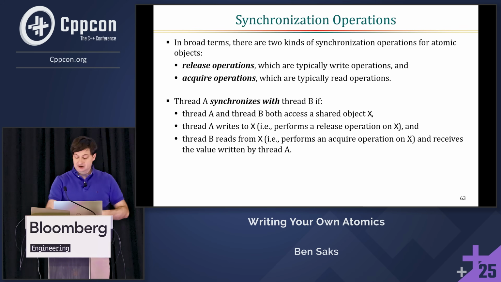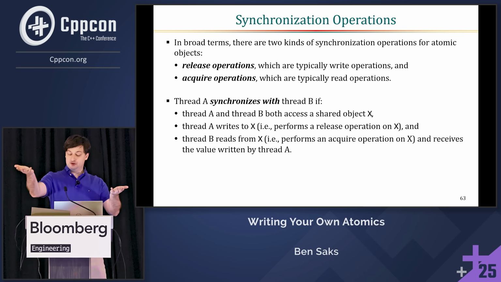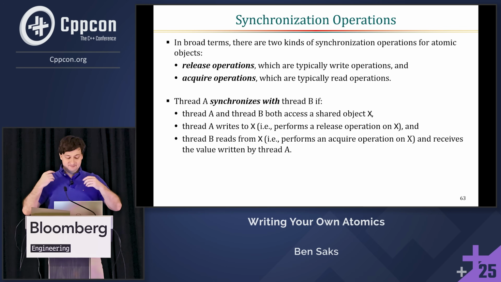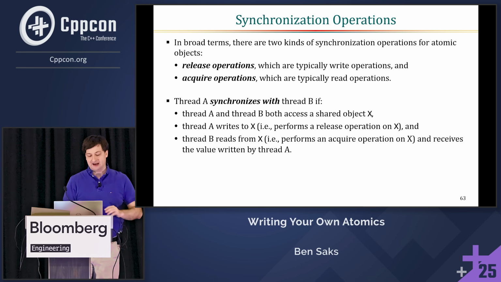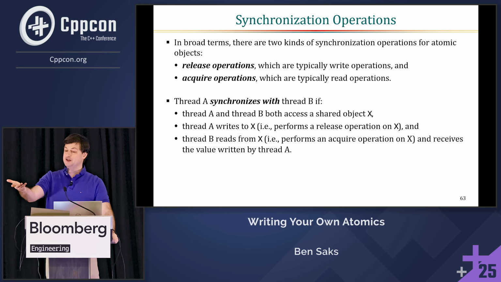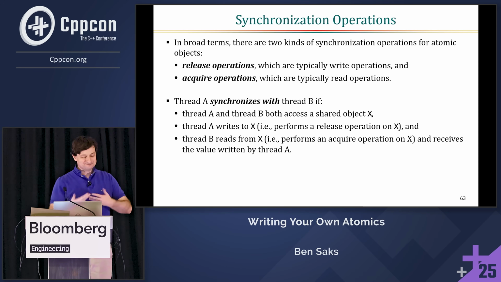The rule is that thread A synchronizes with thread B if they're both accessing the same object, and thread A writes to that shared object X with a release operation, and then thread B reads X, performs an acquire operation on X, and gets back the value that was written by thread A. Actually, it's a little bit more sophisticated than that. It's if it sees the value written by thread A or a value that was written after the value that was written by thread A, if you want to be technical.